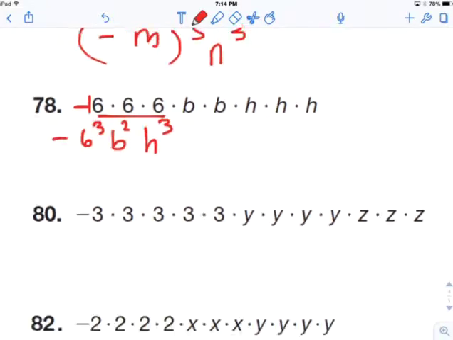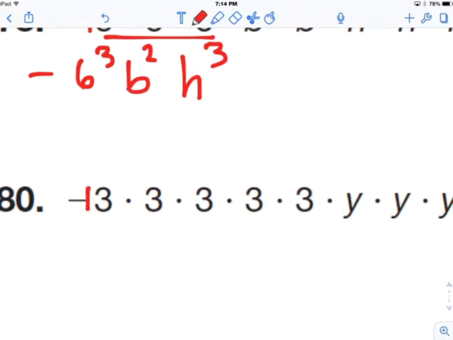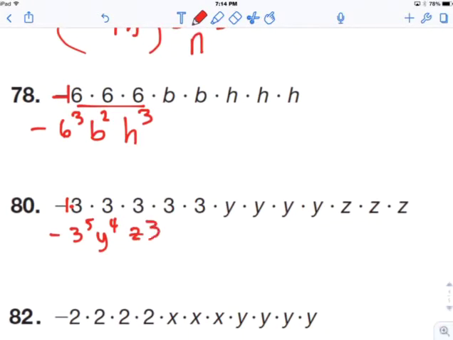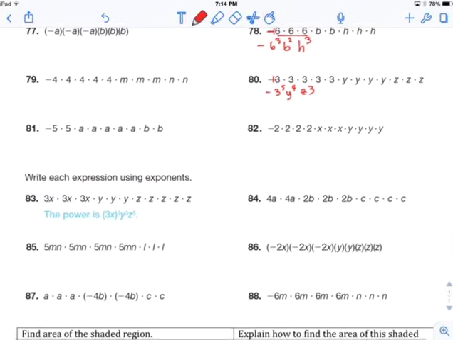Easy stuff, right? This is negative 1 times that. So it's negative. We make the 1 invisible. 3 to the 5th power, and y to the 4th power, and z to the 3rd power. That's easy, right, you guys? I'm not going to do any more of this.